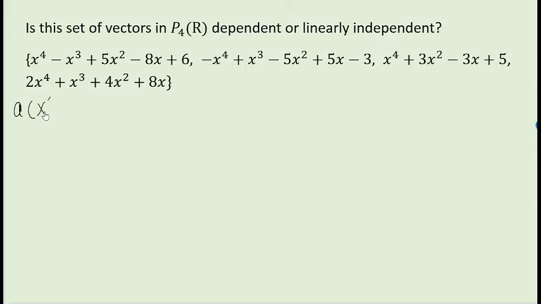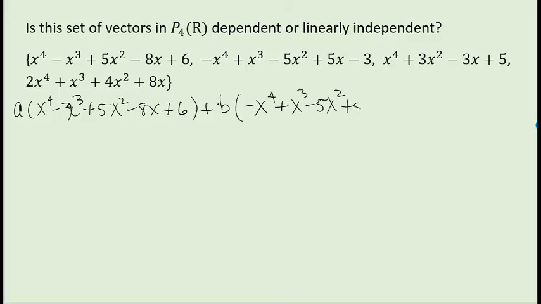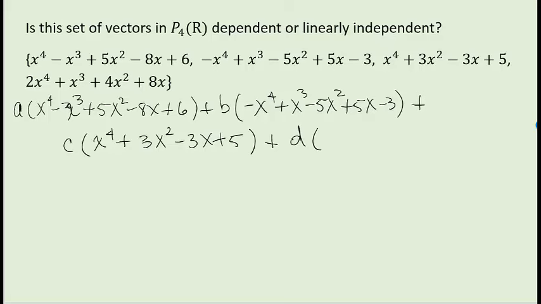A times x to the 4th minus x cubed plus 5x squared minus 8x plus 6, plus b times the second polynomial, minus x to the 4th plus x cubed minus 5x squared plus 5x minus 3, plus c times the third polynomial, x to the 4th plus 3x squared minus 3x plus 5, plus d times the fourth polynomial, 2x to the 4th plus x cubed plus 4x squared plus 8x, and we want to know what are A, B, C, and D if they give us the 0 polynomial.